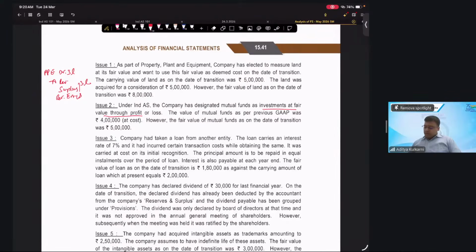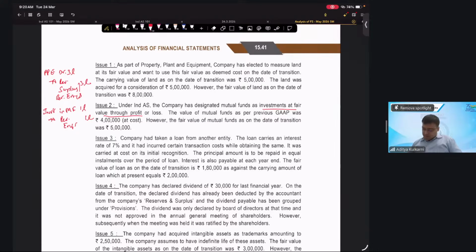We will restate it to fair value. Investment in mutual funds debit, to retained earnings, 1 lakh. Are we okay with this?